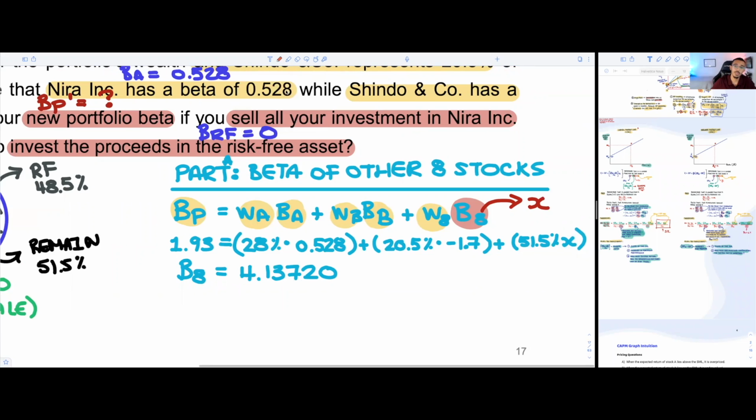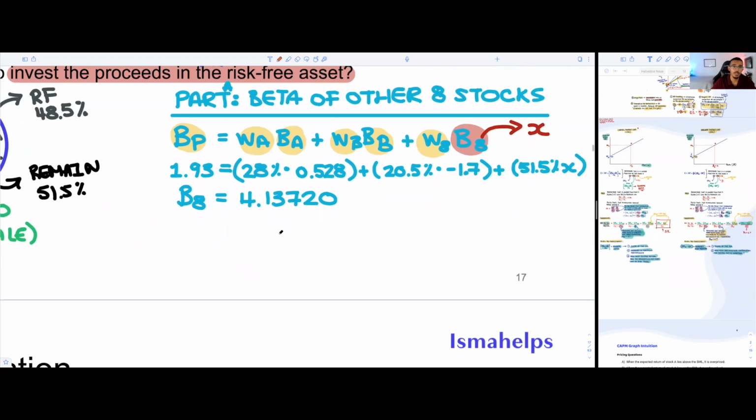Part B is now very easy for us because all that we have to do is solve for the new portfolio beta. It's going to be simple. We're going to write it here as part B, that this is solved for the beta of our portfolio prime, so the new beta.